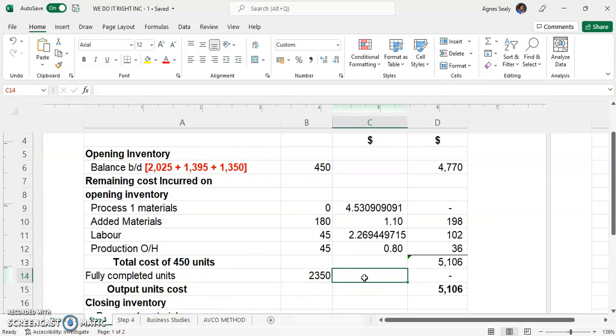So the cost per equivalent unit will be 8.7003588806.